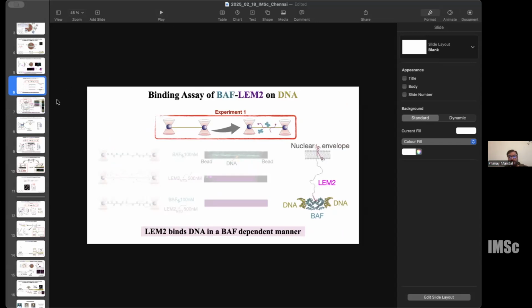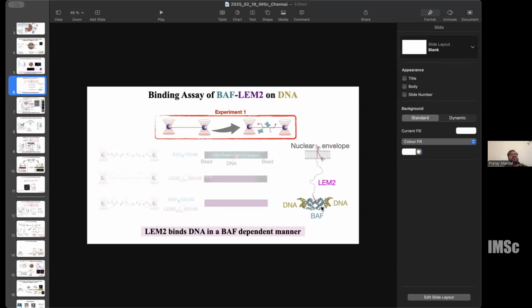One last thing, Pranay: is the LEM2 binding specific? LEM2 protein cannot directly bind to DNA. It only binds to DNA through BAF.